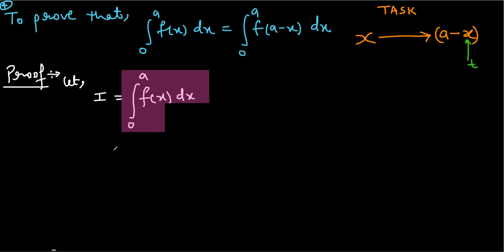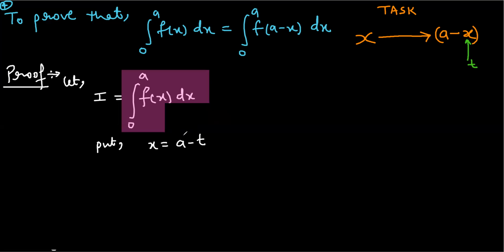So see here, how do I begin? I took my left hand side as I, then I write put x equals a minus t. And how do I get this a minus t?